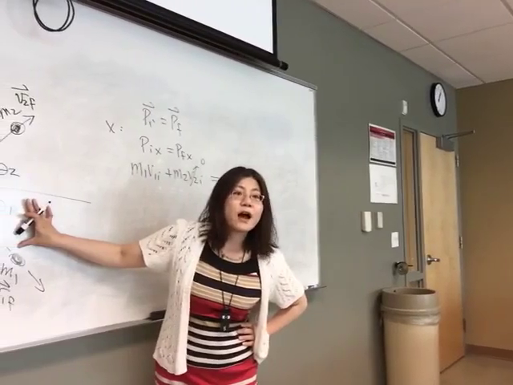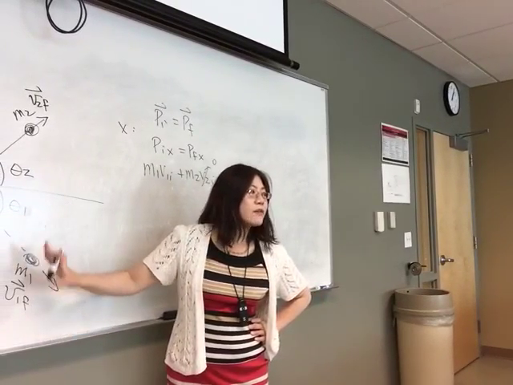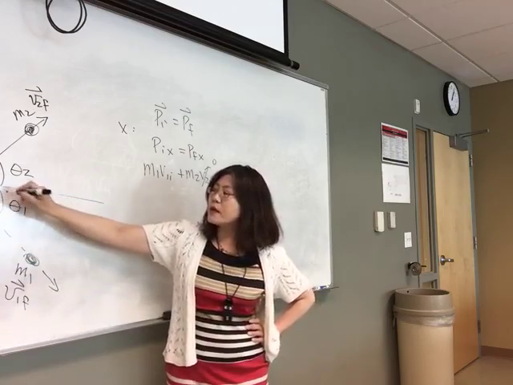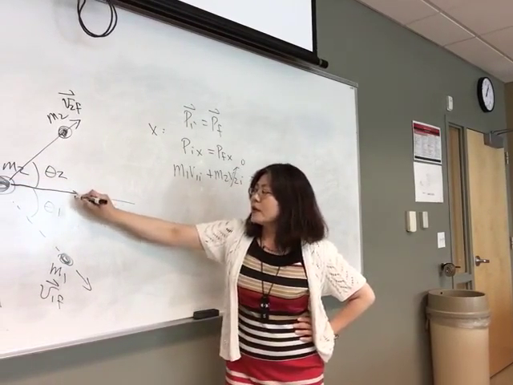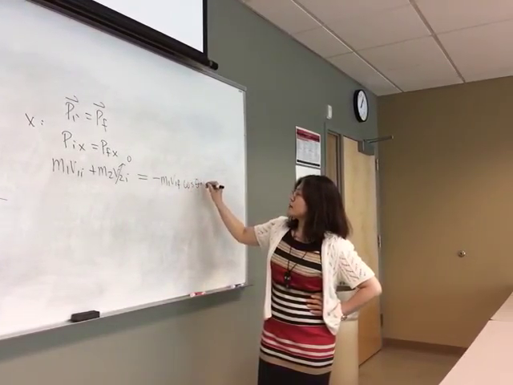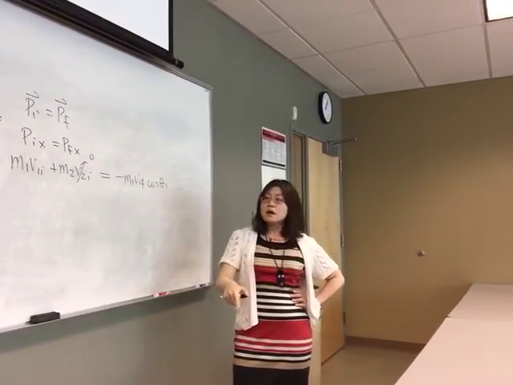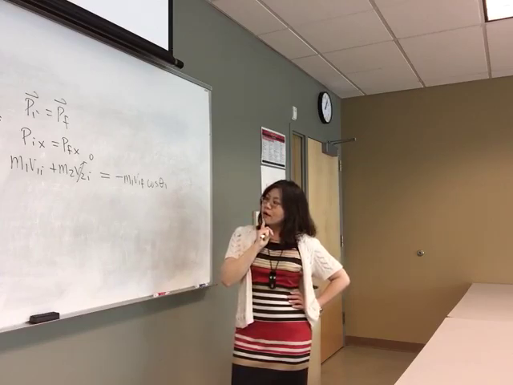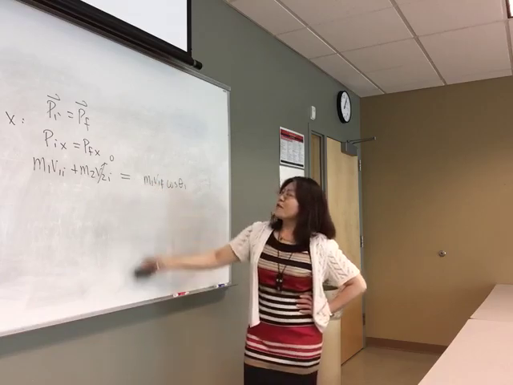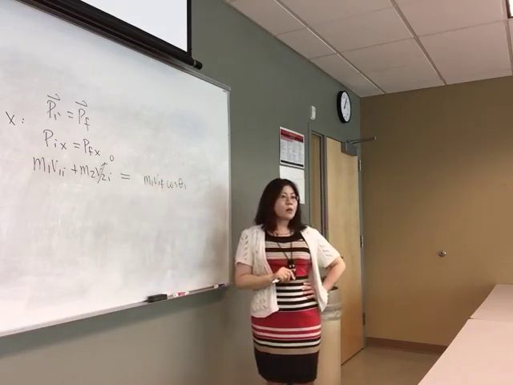So that will be cosine theta 1, right? Because for your V1f, you have to resolve this vector into the x and y components. The x component is this, so that's V1f cosine theta 1. And is it negative? It's positive, right? So you have M1 V1f cosine theta 1.